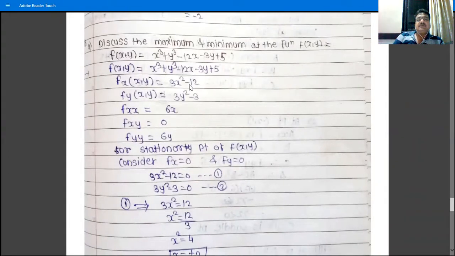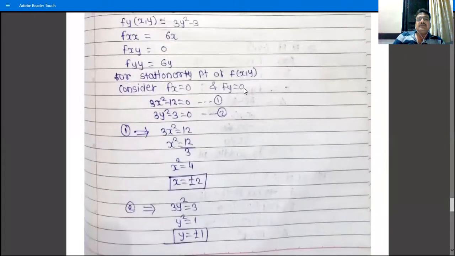Then with respect to y, fy is 3y square minus 3. And fxx, the derivative of fx with respect to x, is 6x. fxy, the derivative of fx with respect to y, is 0 because it is a pure function of x. Then fyy, the derivative of fy with respect to y, is 6y.